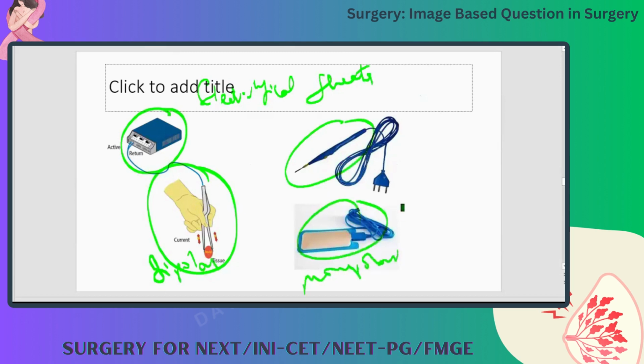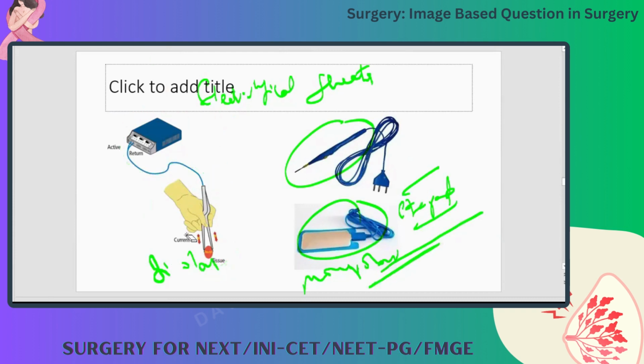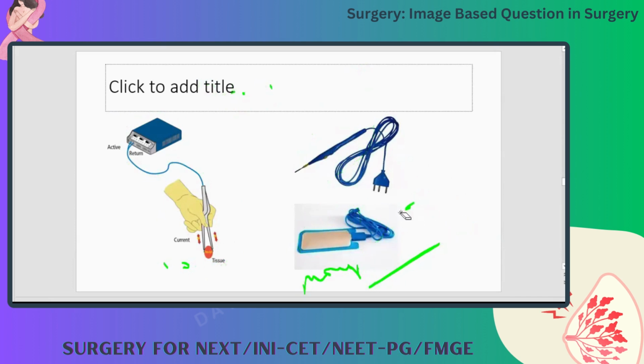This is a patient electrode, patient pad. We call it a patient pad. So what is this electrosurgical generator doing in your OT? This is an OT instrument. Why do we require this? Diathermy. Cauterization and cutting of tissues.